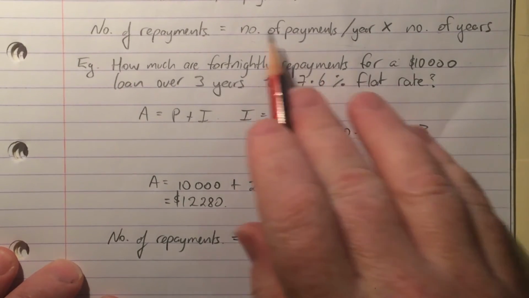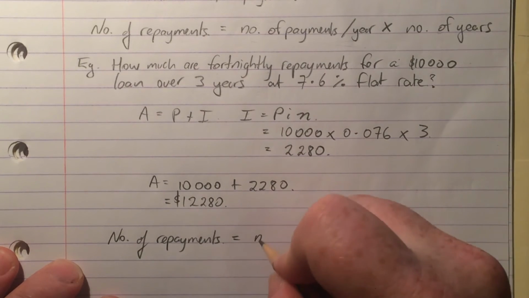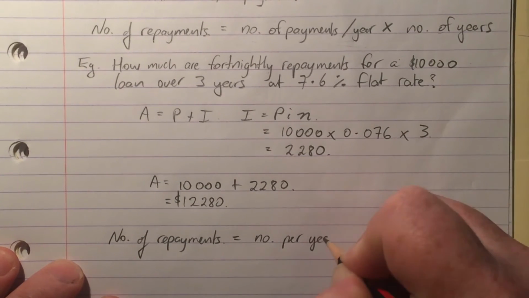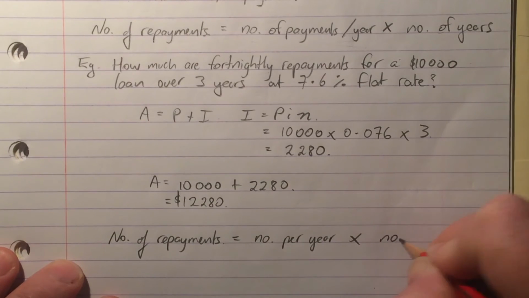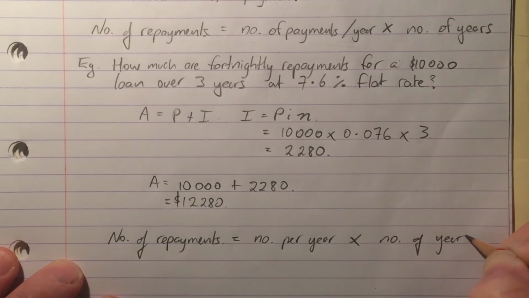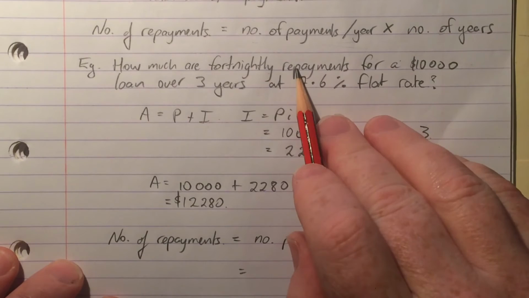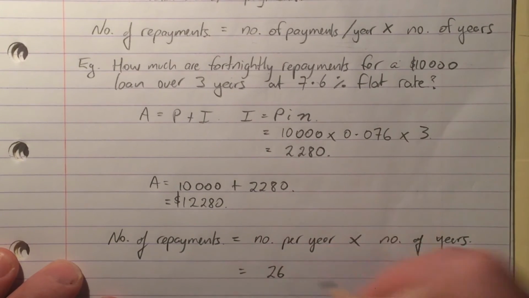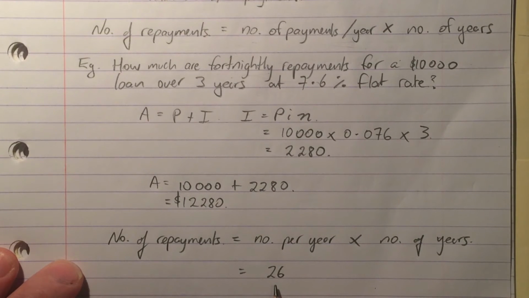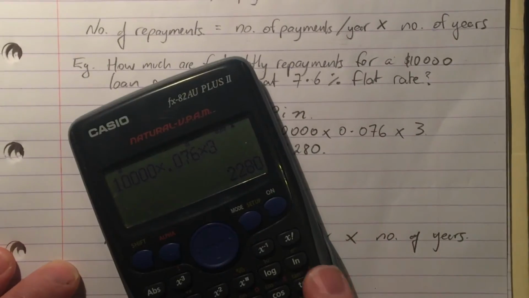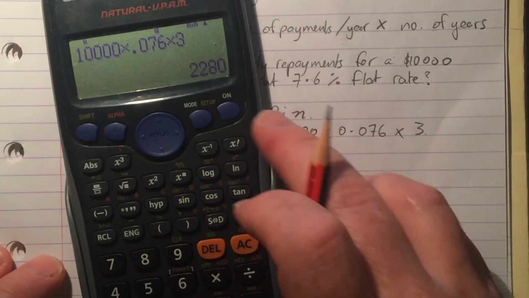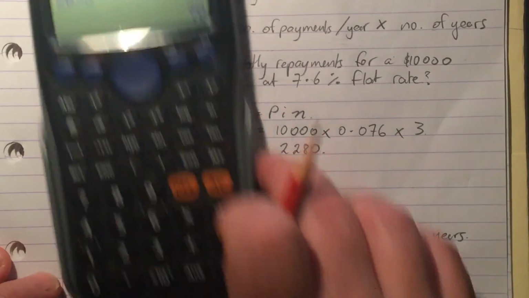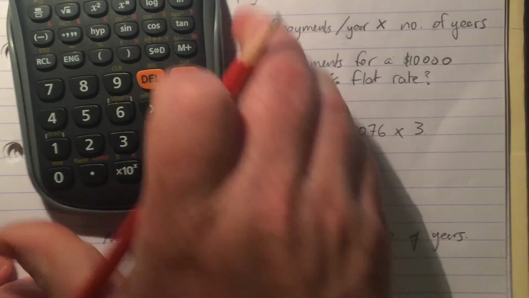Now for fortnightly payments, the number per year will be 26. There's 26 fortnights in a year, times the number of years of the loan, which is 3. So on our calculator, we can do 26 times 3, and we get a total of 78 payments.